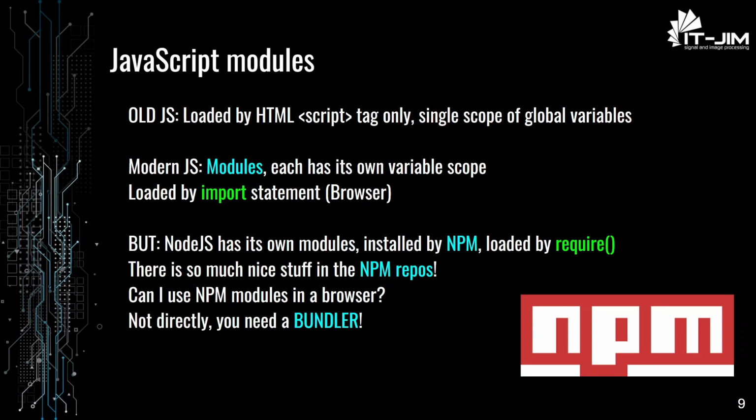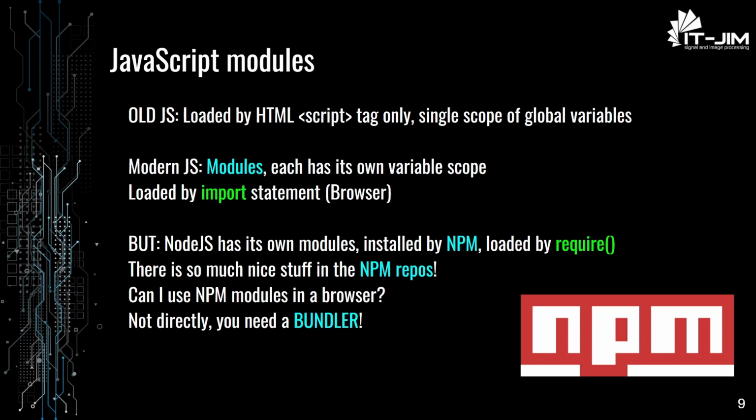Very briefly, I can tell that in old times JavaScript was loaded by the HTML script tag and had a global scope of global variables. Nowadays, there are JavaScript modules. They are loaded by the import statement, but Node.js has its own system of modules which existed before the import statement appeared in browsers.